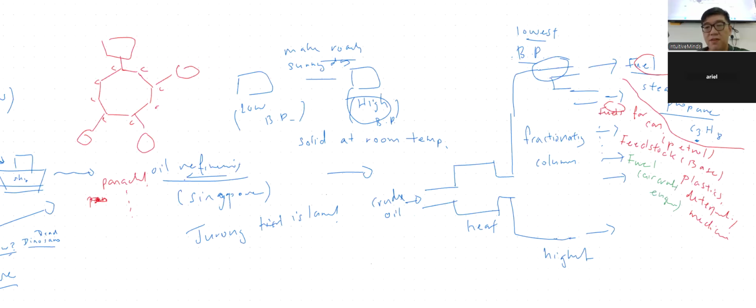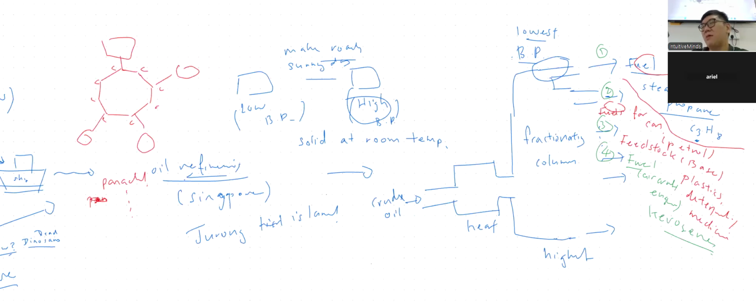Another name for this column. So you have column 1, 2, 3, and 4. Another name for this column 4 is actually kerosene. Kerosene is used in those really backwater countries where they hardly have electrical grids.